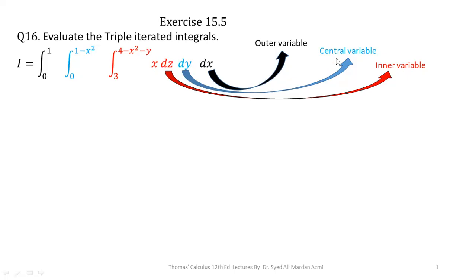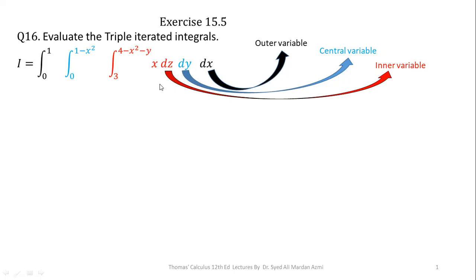And then on the outcome of integration with respect to the central variable, you will apply integration with respect to the outer variable. So this is an iterative process. First of all, performing the integration with respect to inner, then central, and then most outer variable. So we will always follow this order, inner to outer, inner to outer.